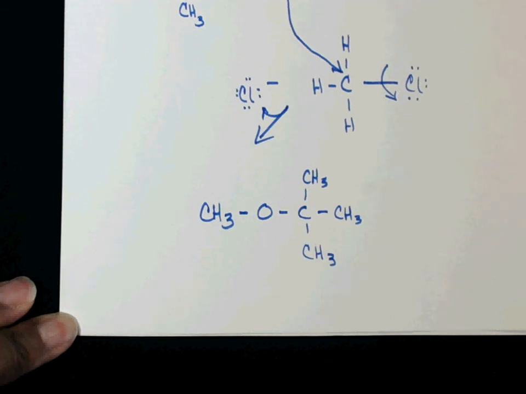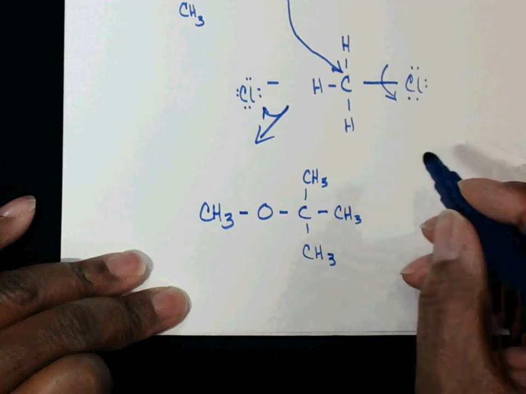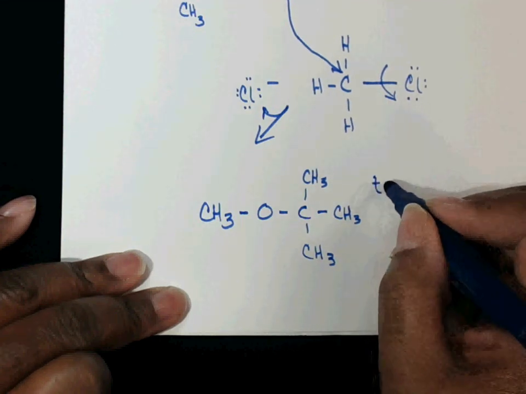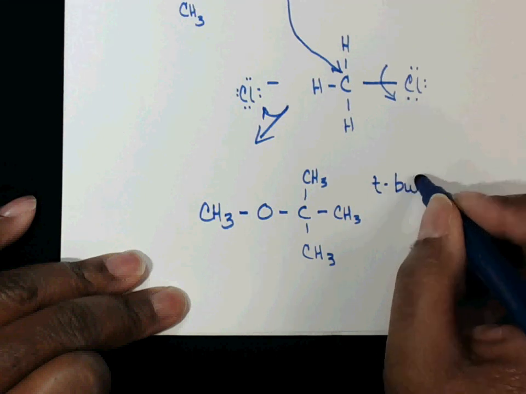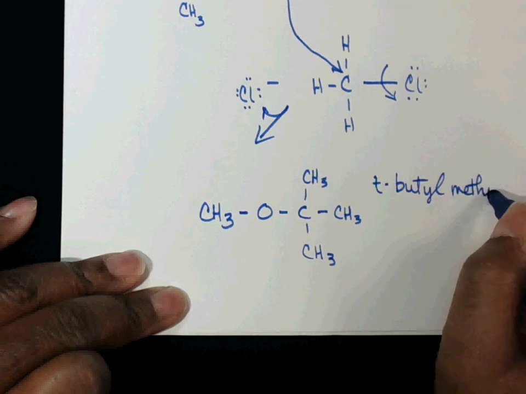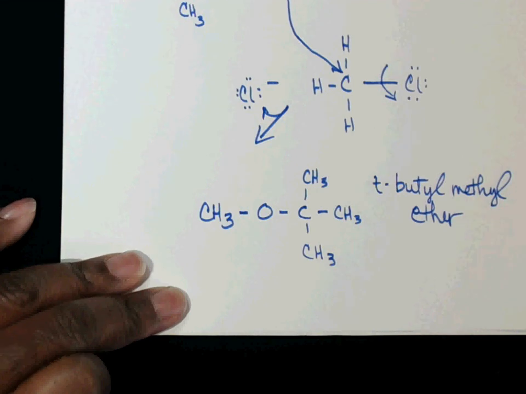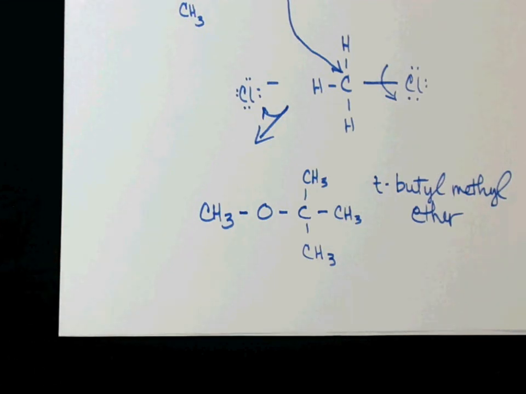Even though it's tert-butyl, and you would think methyl would come first, we go by the butyl. So B comes before M. So this would be referred to as T-butyl methyl ether.